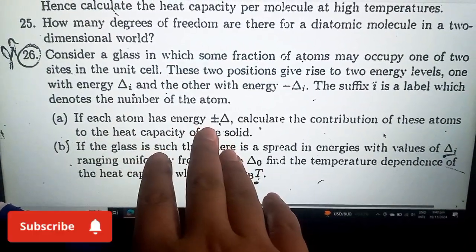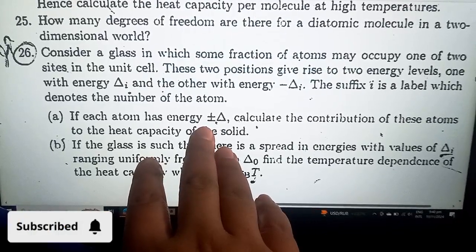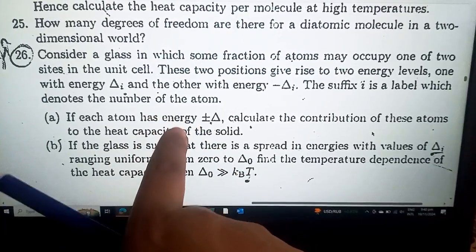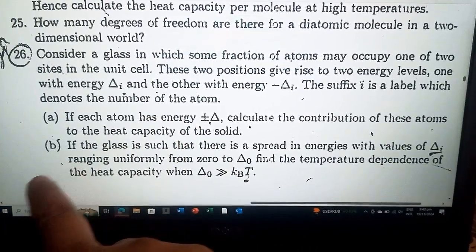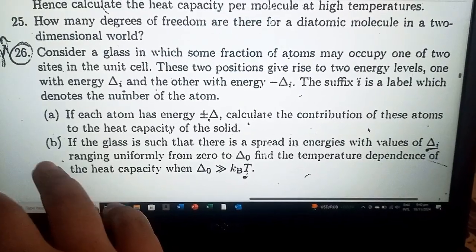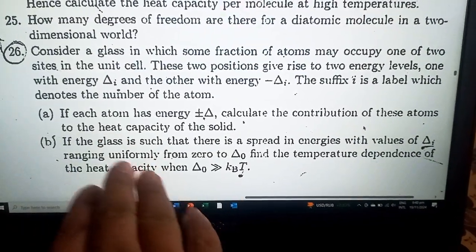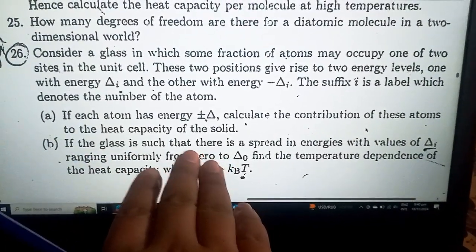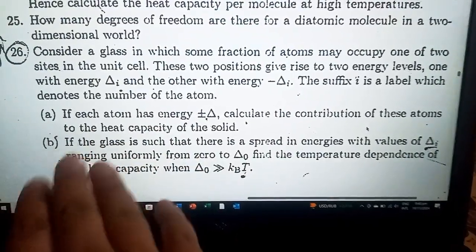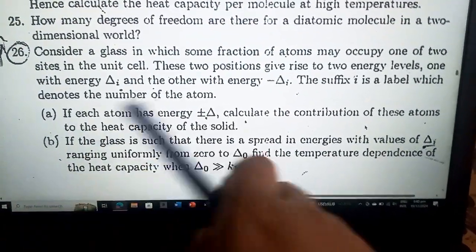This is totally similar to a two-level system. And the problem that we have done before, like problem 21, has almost the same mathematics that we'll be using here as well. Just to make you comfortable with this problem.